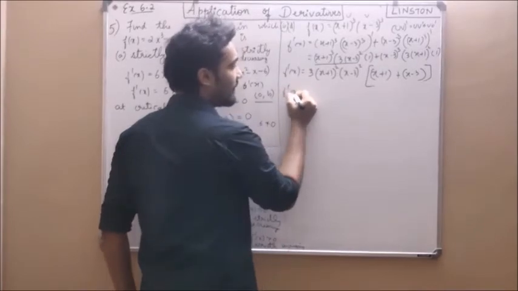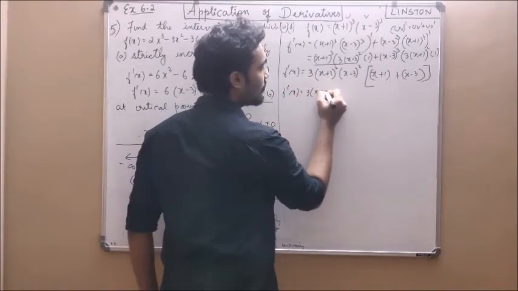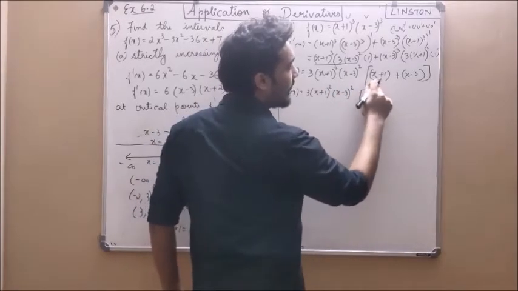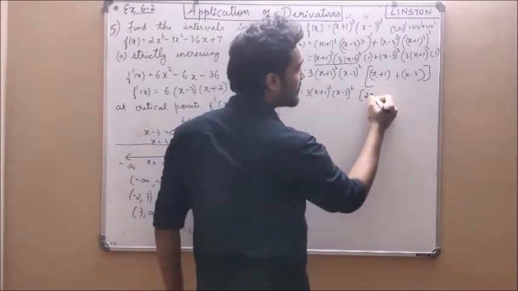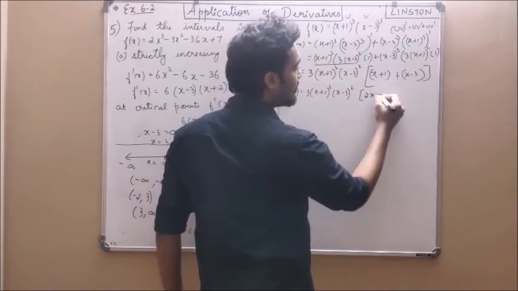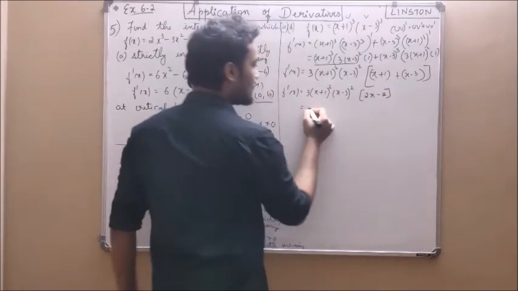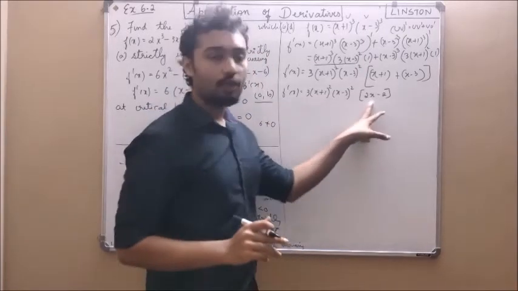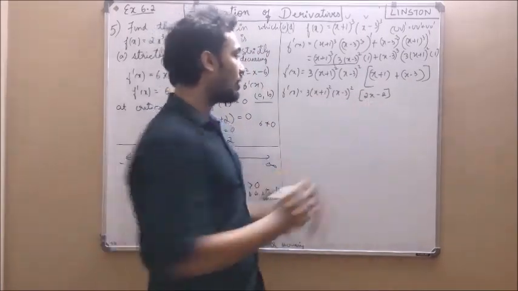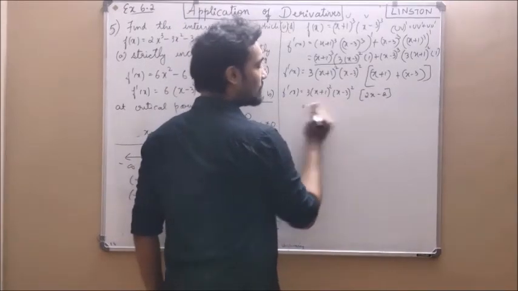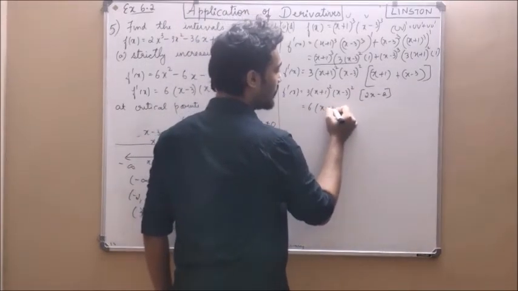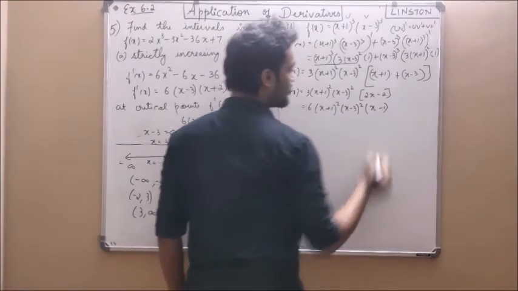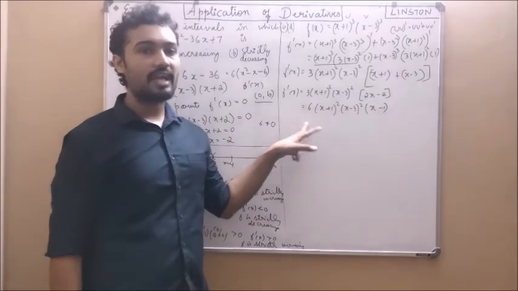So f dash of x equals 3 into (x plus 1) squared into (x minus 3) squared into (x plus 1 plus x minus 3). x plus x is 2x, and 1 minus 3 is minus 2. Taking 2 common out, we get 3 into 2 is 6, so 6 into (x plus 1) squared into (x minus 3) squared into (x minus 1). This is f dash of x.